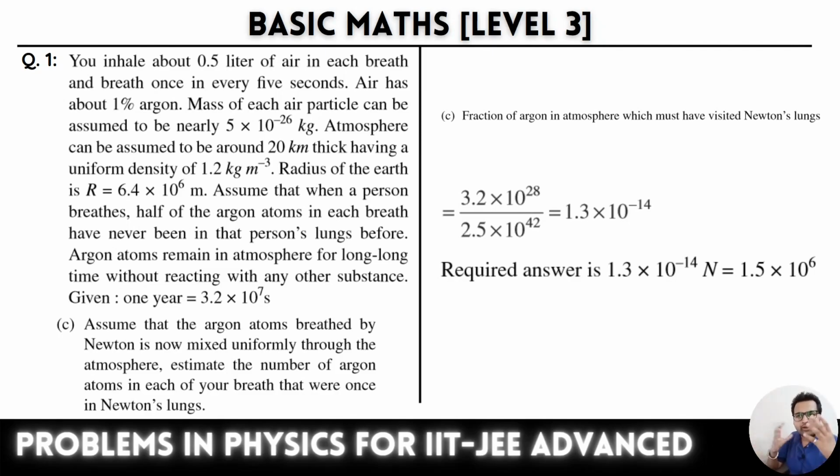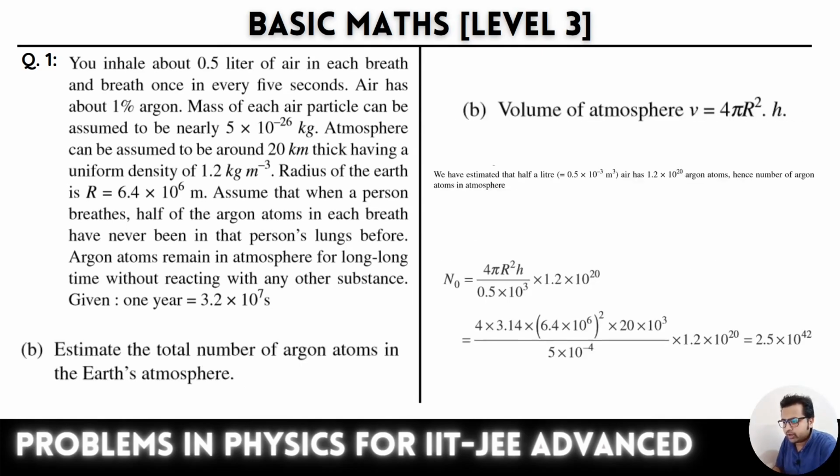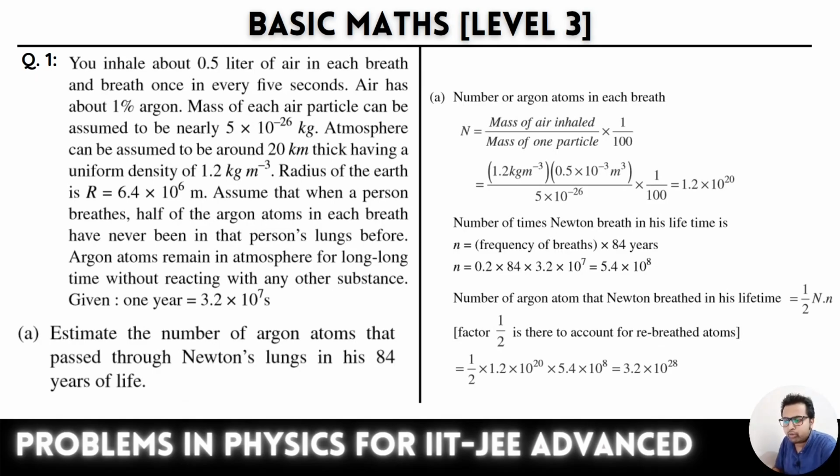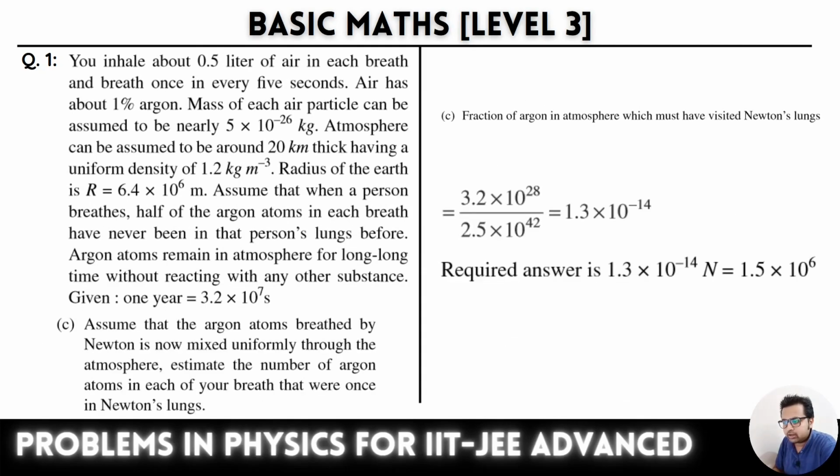In that half liter, how many new argon atoms did he inhale? That we have already calculated. During every breath by Newton, how many new argon atoms are inhaled by him? That we calculated in the first part, as you can see, that is 3.2 into 10 to the power of 28. So this we have calculated.